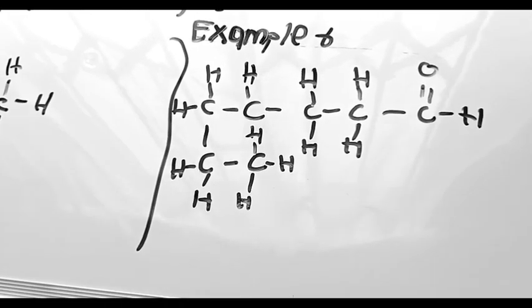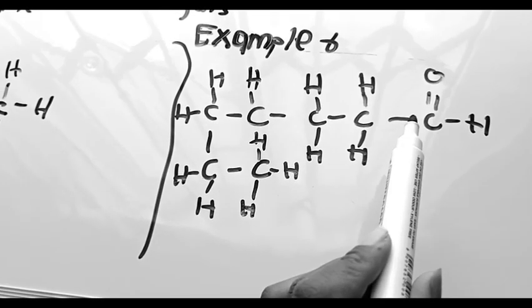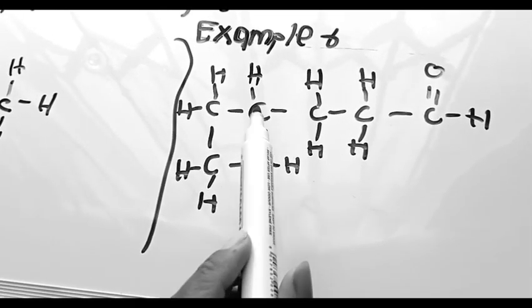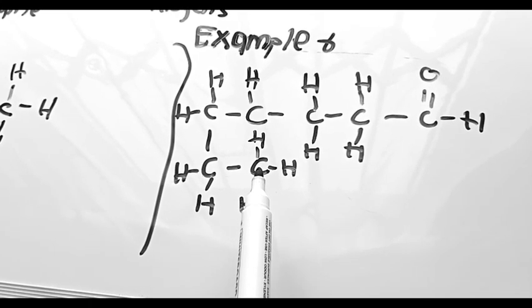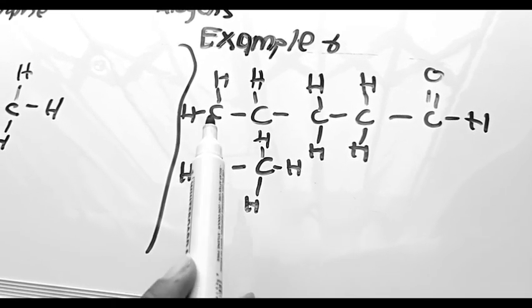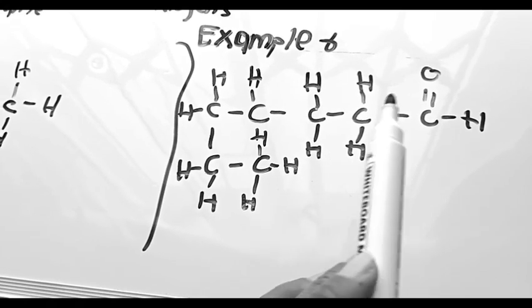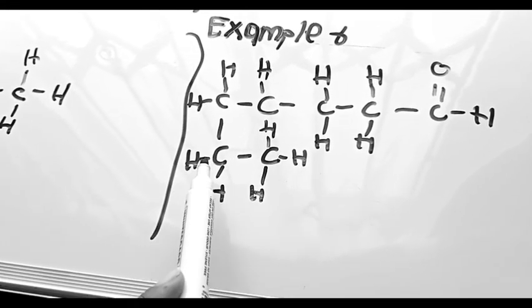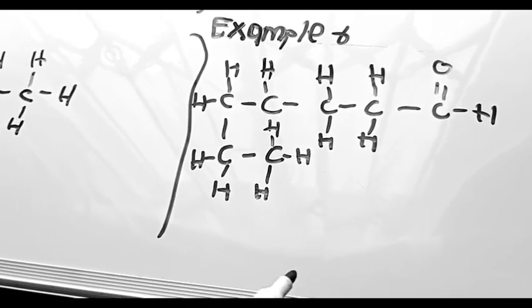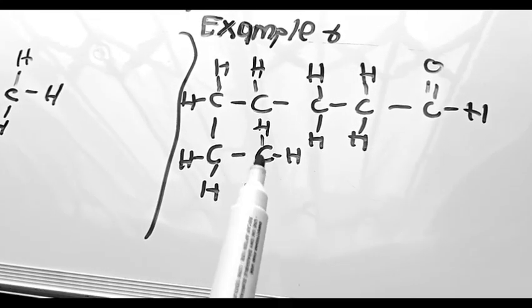So I have to count my longest main chain. It's 1, 2, 3, 4, 5, 6. And then, okay, let me start from here. It's 1, 2, 3, 4, 5, 6, 7. Right? Yes. So my longest main chain is 7.